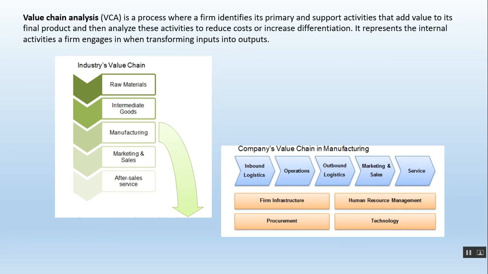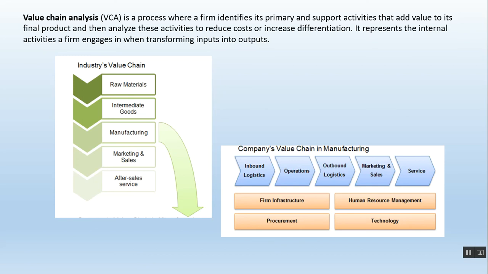And you can see here there's the industry value chain areas such as raw materials, intermediate goods, manufacturing, marketing, sales, and after-sales service. And then there's the company's value chain within its own manufacturing, which includes inbound logistics, operations, outbound logistics, marketing and sales, and service.